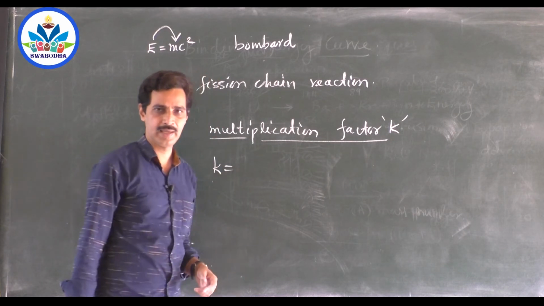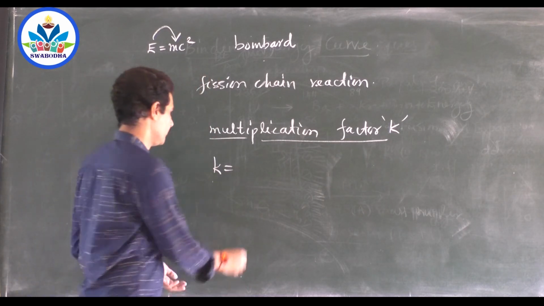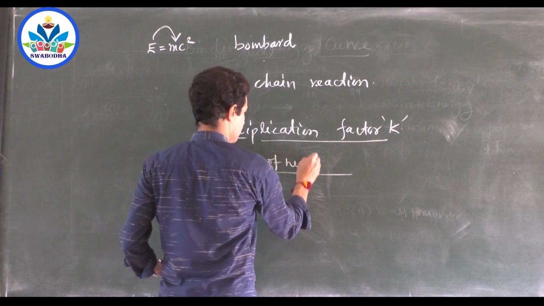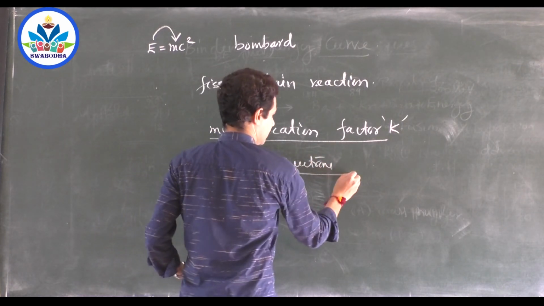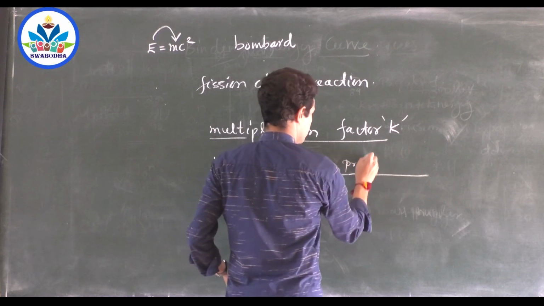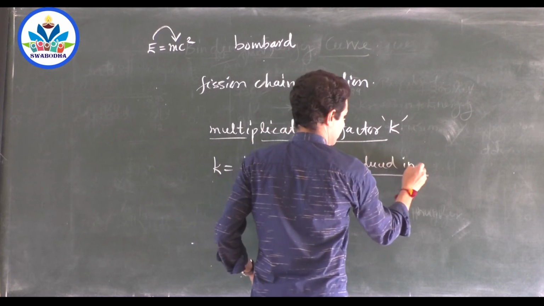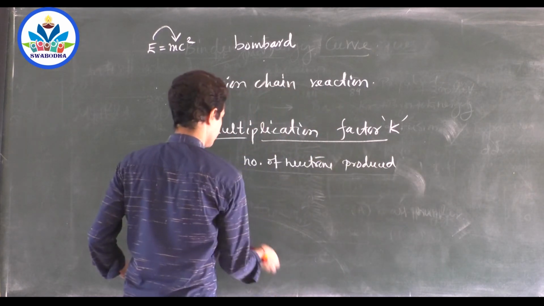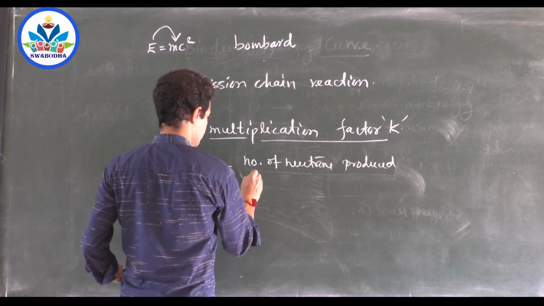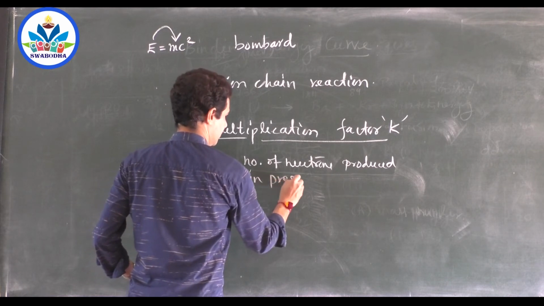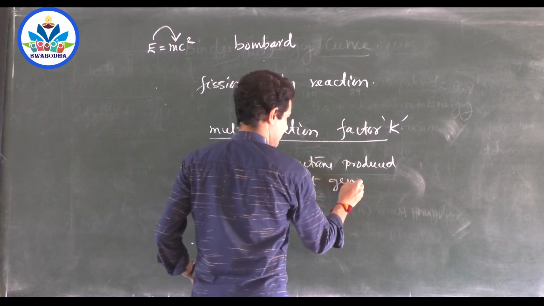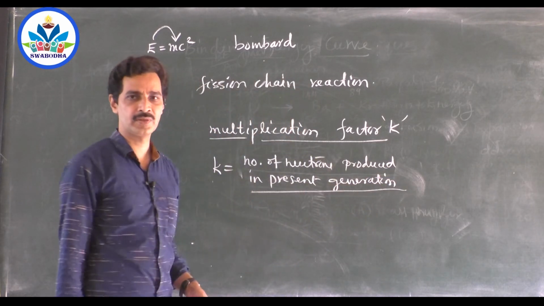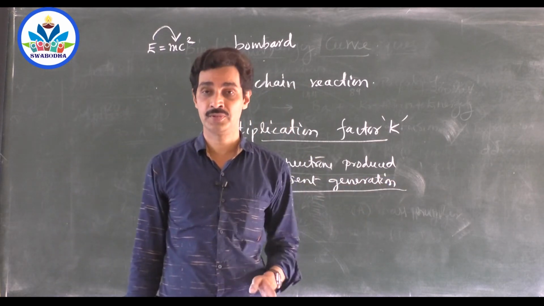Multiplication factor K is defined as the ratio of the number of neutrons produced in the present generation. Present generation means when you look into the fission process, at this moment how many neutrons are produced?